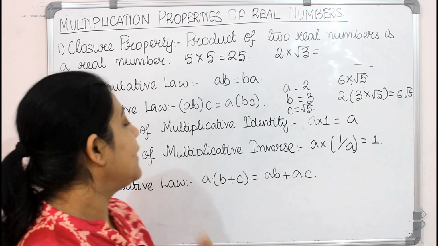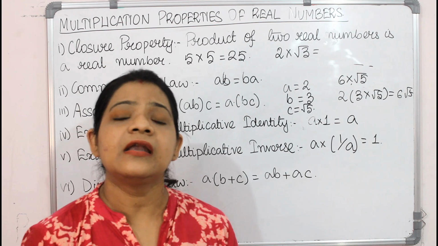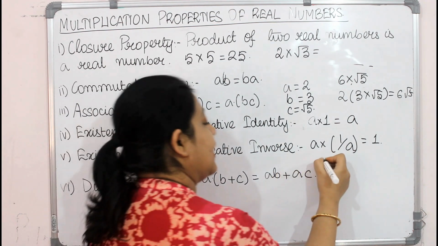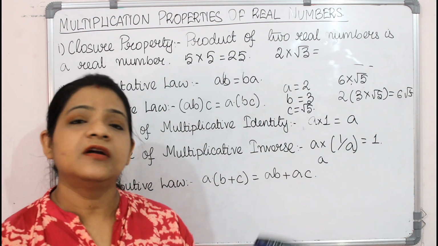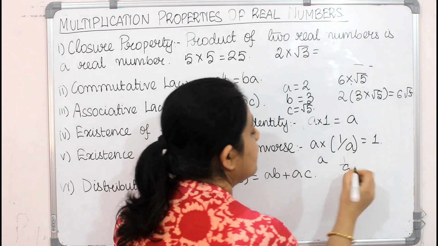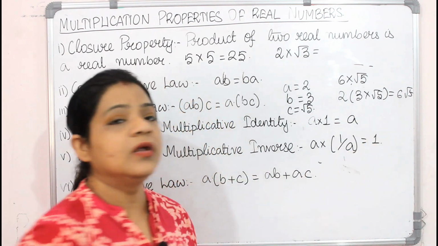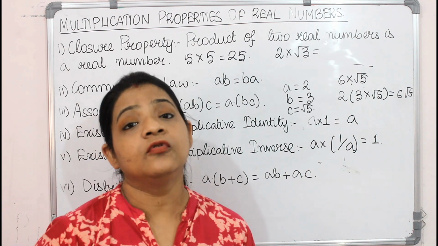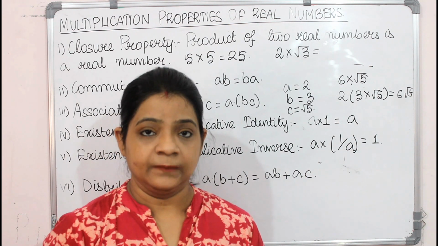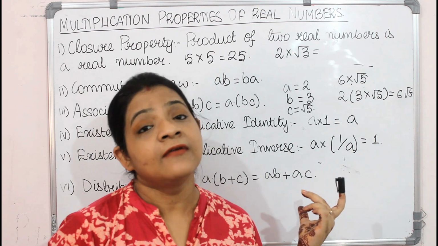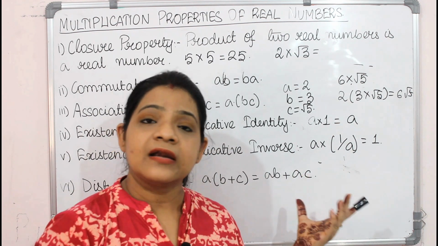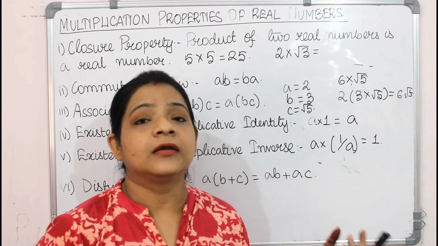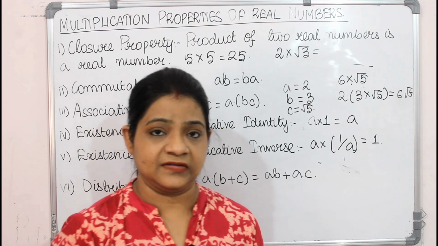Next is the multiplicative inverse. For any number, suppose A, the multiplicative inverse is 1 by A. So A into 1 by A, the A will get cancelled, and it will give you 1, that is unity. So that is your multiplicative inverse. Real numbers also follow the multiplicative inverse characteristics.